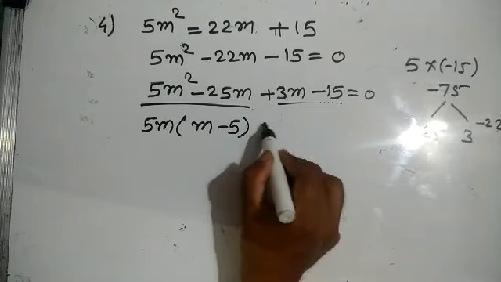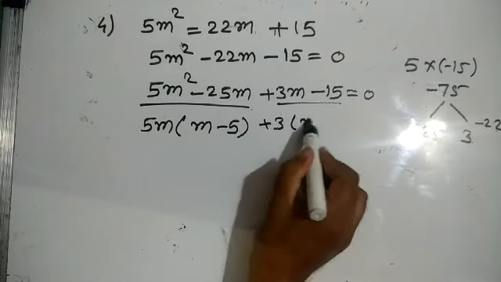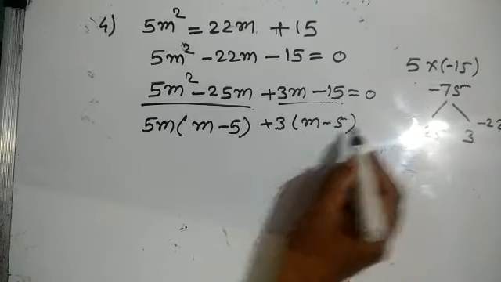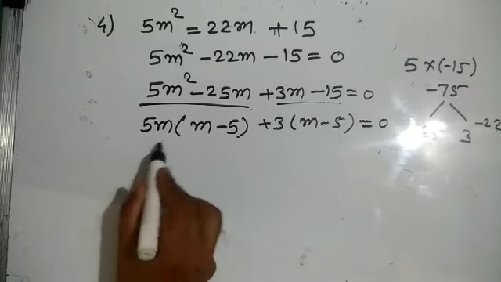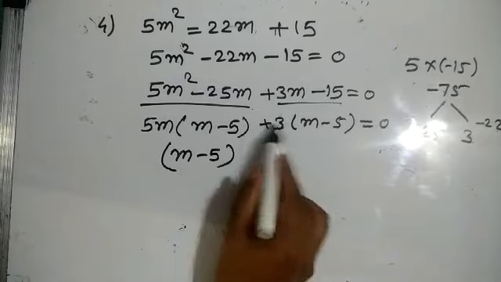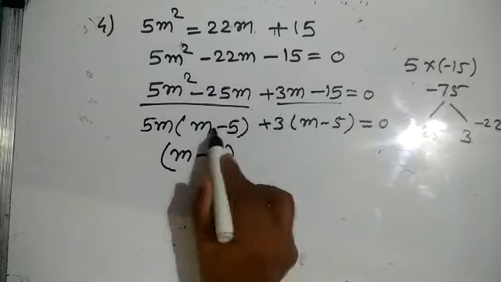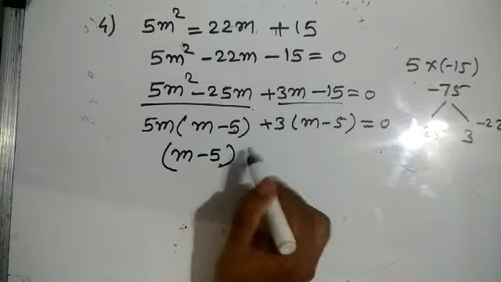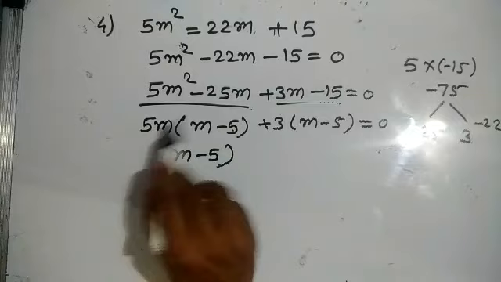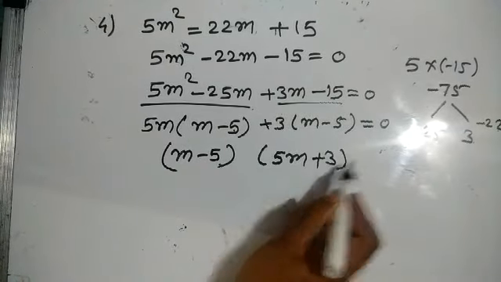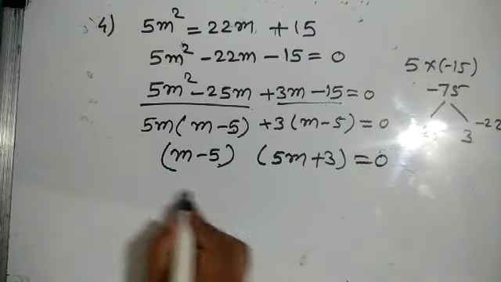Take plus 3 as common, m minus 5 is equal to 0. In one bracket, m minus 5. Here on the left hand side of the plus sign, there is m minus 5, here m minus 5. Therefore, write down in one bracket that which is common, and write down the remaining element in the other bracket. 5m plus 3 is equal to 0.